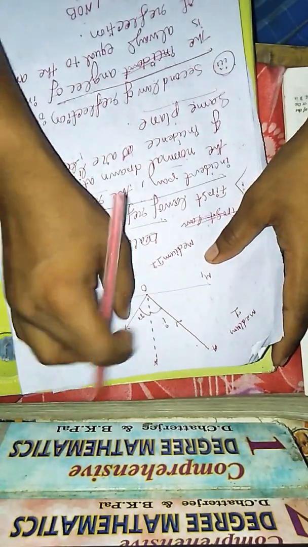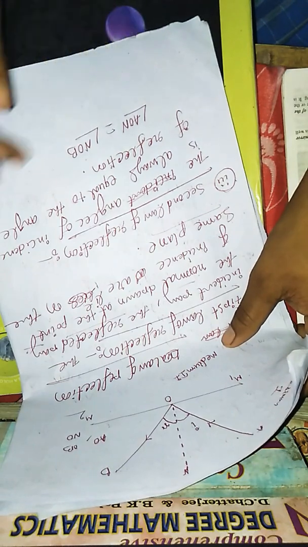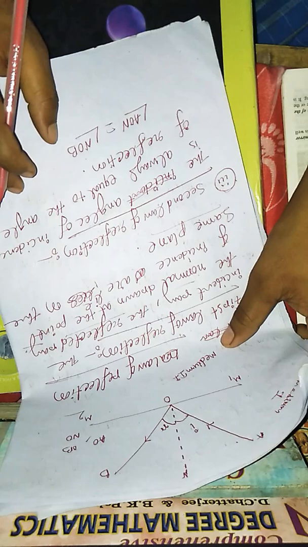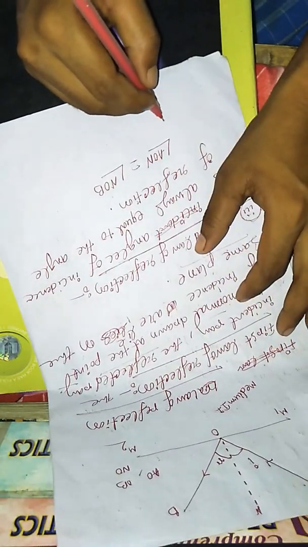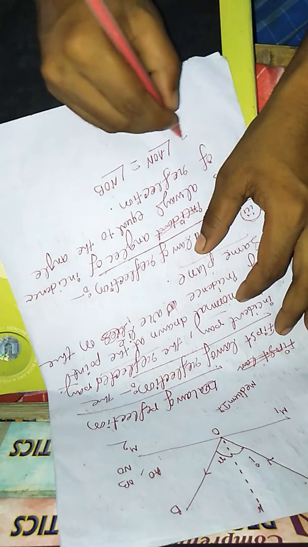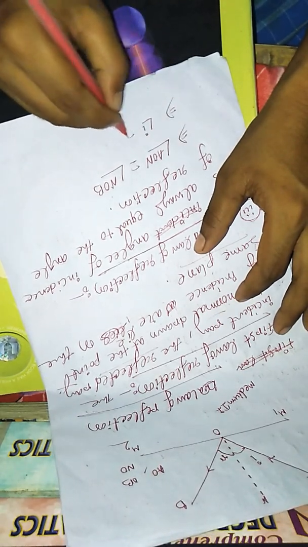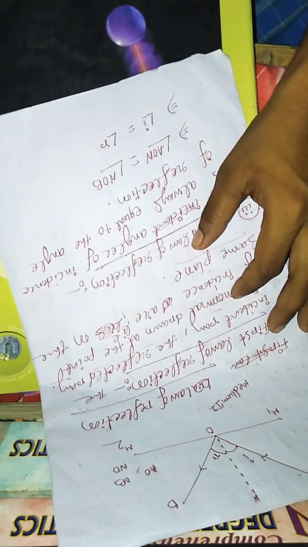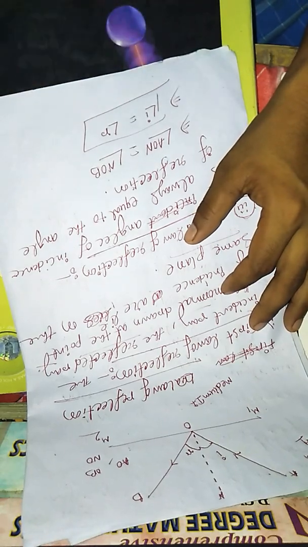So these two angles are equal according to the second law of reflection. If we write this in notation, angle I is equal to angle R. This is the mathematical form of the second law.